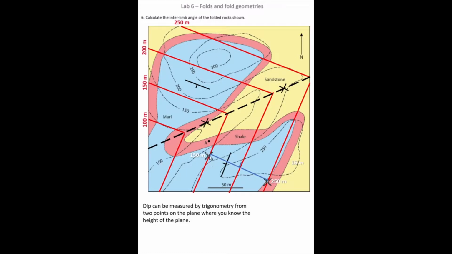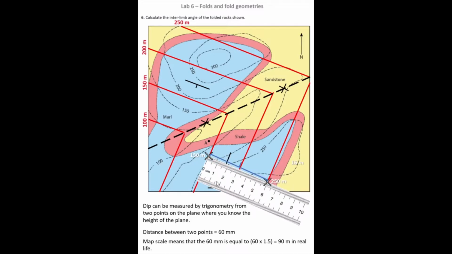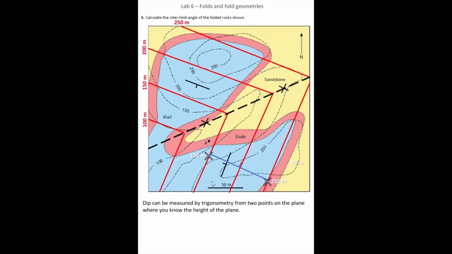So there's this 100 meter change in height, and the horizontal distance over which that change in height occurs is 60 millimeters, which if we multiply it by our scale factor of our map means 90 meters in real life. So we can draw a triangle which shows this geometry. We've got 100 meters change between these 2 points, and that occurs over 90 meters.